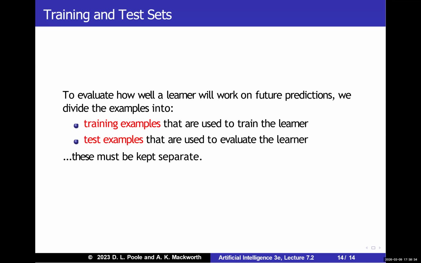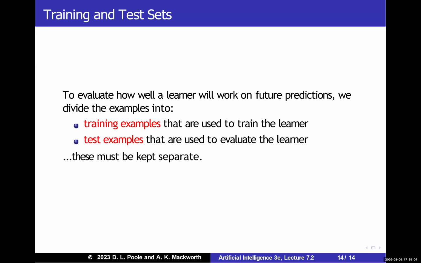So now let's talk about training and test sets. To evaluate whether a model truly works, we divide the available data into two separate sets, a training set and a test set. This is referring to the available data, like a historical set of data that's already labeled.